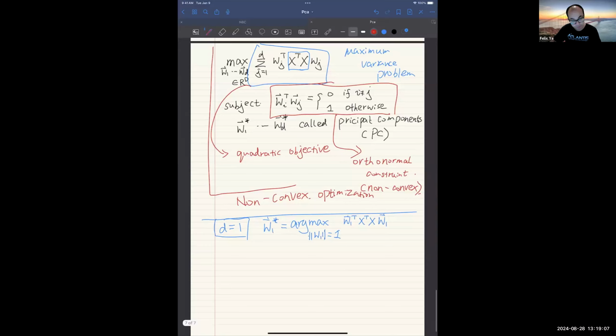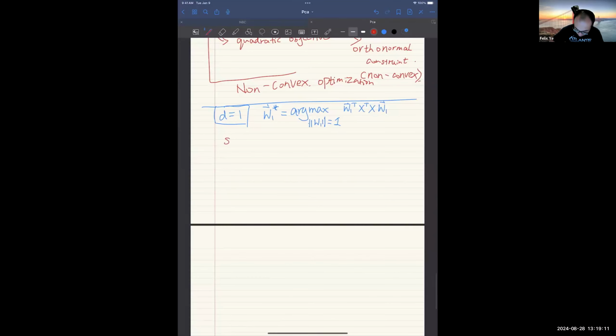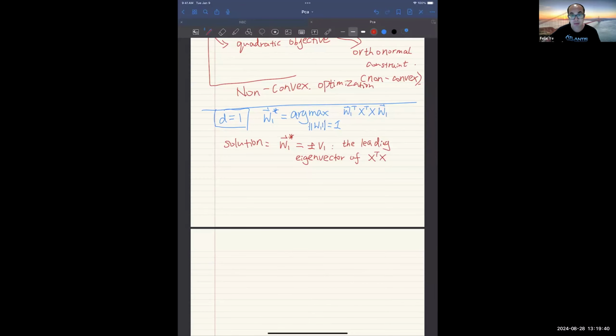The solution of this problem is W1 star equal to plus or minus V1, the leading eigenvector of the covariance matrix X transpose X. That is, it satisfies X transpose X times V1 equals lambda 1 V1.